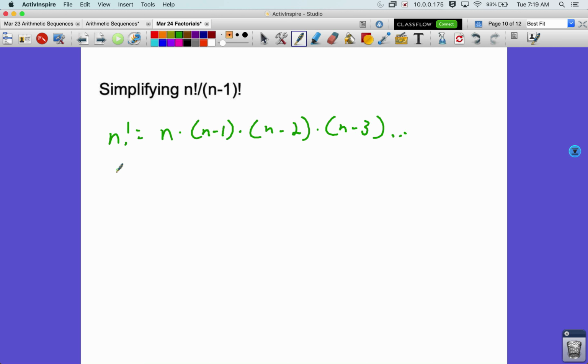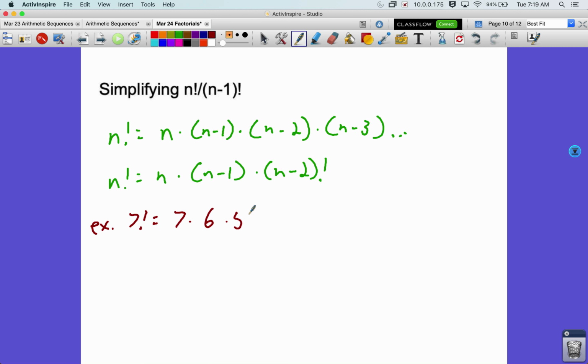But at some point, we'll just stop this process, and wherever we stop, we'll just put the factorial there. So we pulled out the biggest terms of this factorial, and we're just going to leave the smaller number factorial. For example, 7 factorial could be split into 7 times 6 times 5 factorial. Or I could keep going. I could go down to 4 factorial and just keep moving the factorial down.